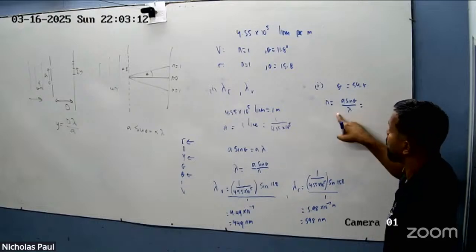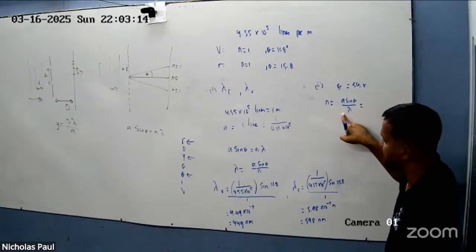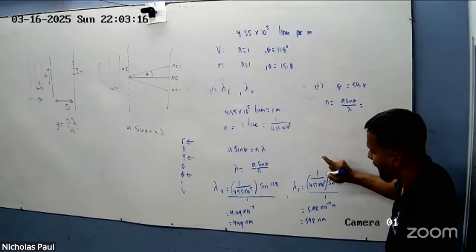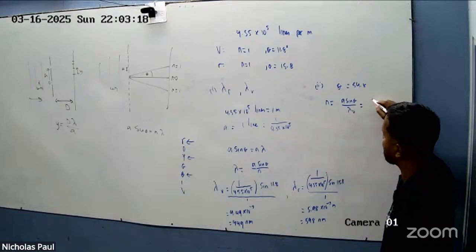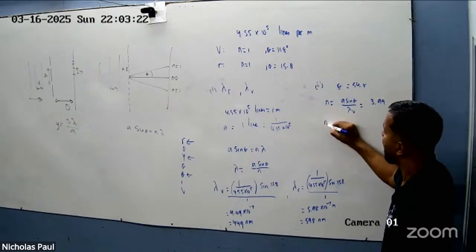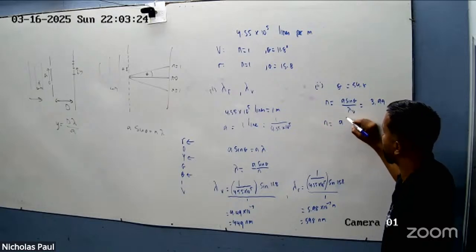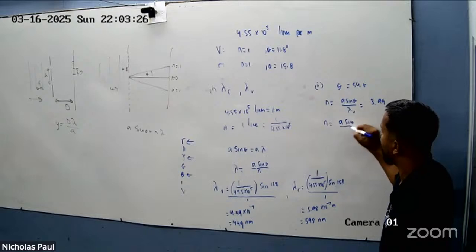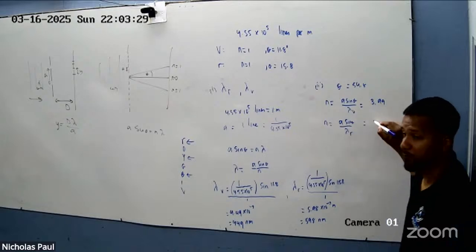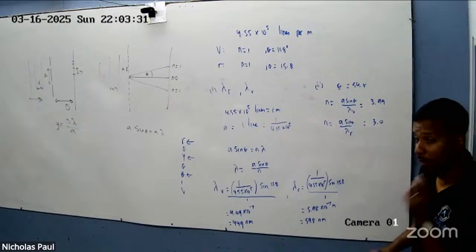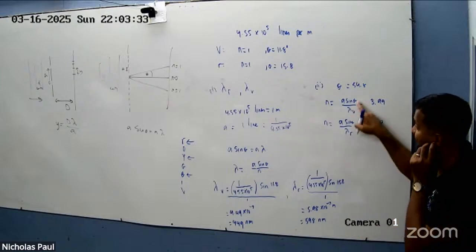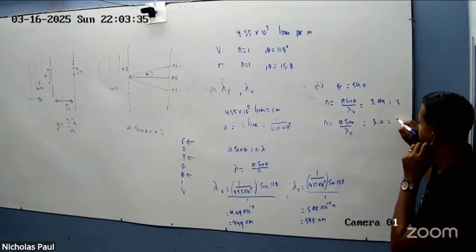So when you work it out for violet, what did you get? 3.999. And when you work it out for red, what did you get? 3.0. So basically, at this angle, they are in the same order.